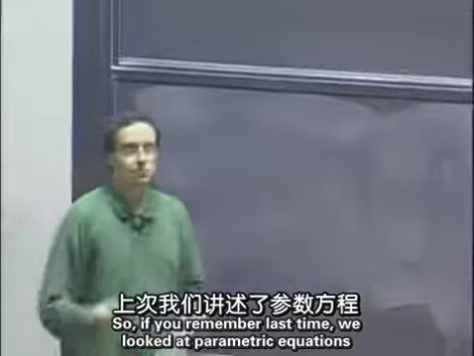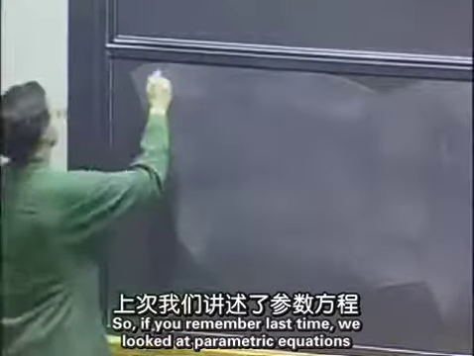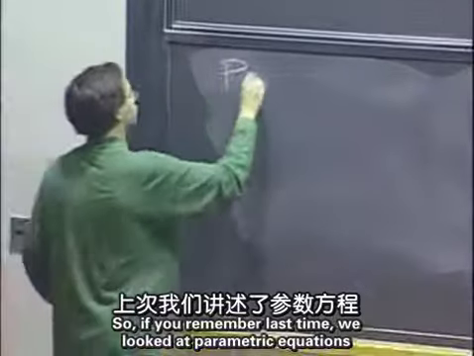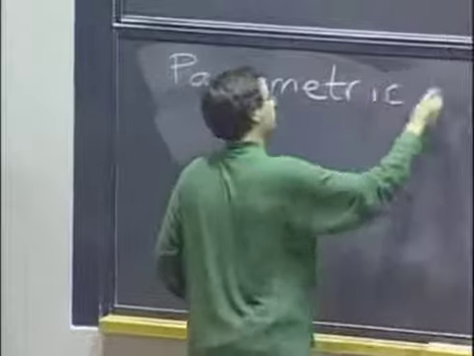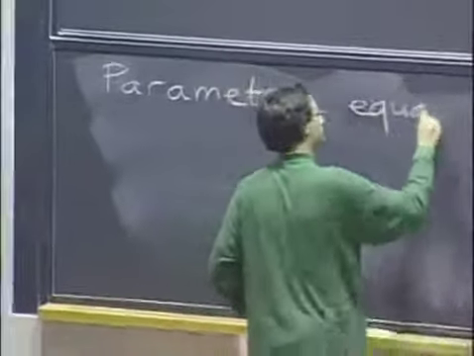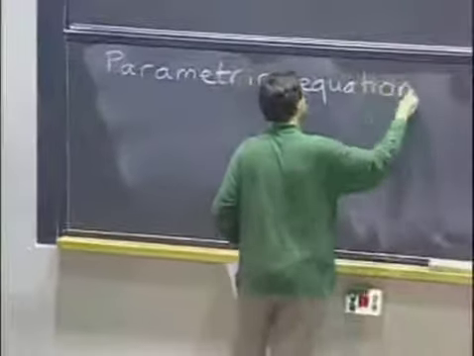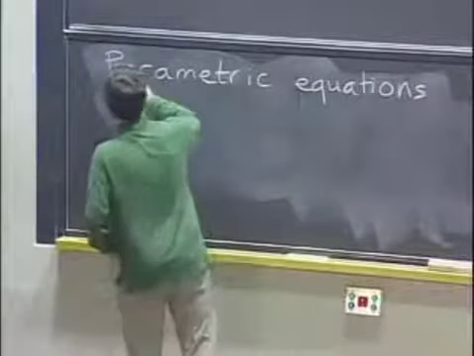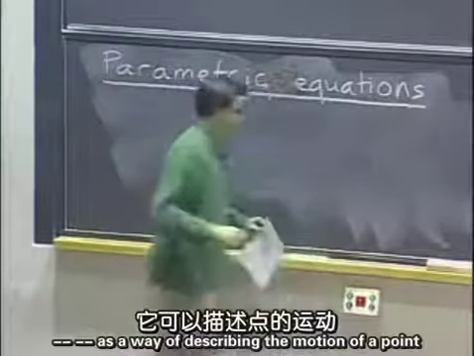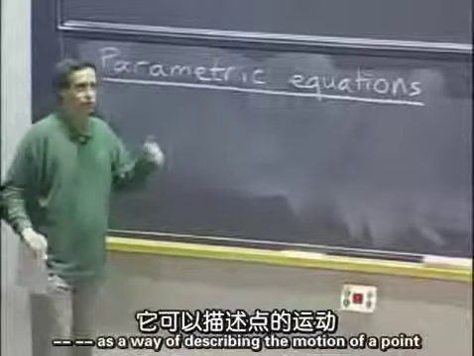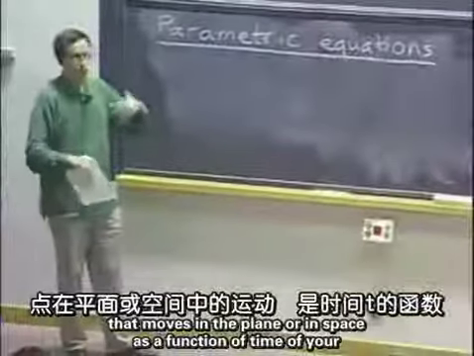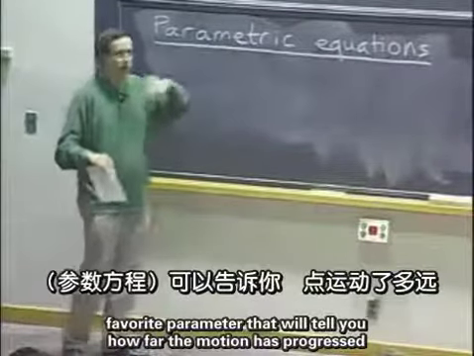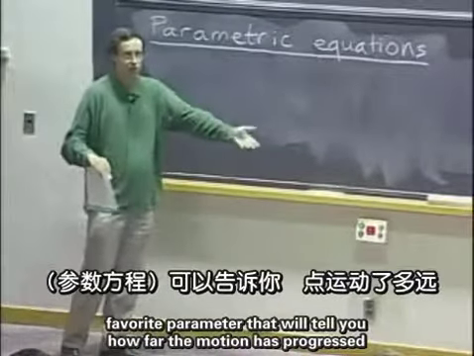So if you remember last time, we looked at parametric equations as a way of describing the motion of a point that moves in the plane or in space as a function of time, or your favorite parameter that will tell you how far the motion has progressed.